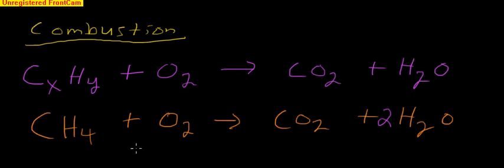So now if I look at my oxygens, on the left-hand side, I've got 2 oxygens here. If I look on the right-hand side, I've got 2 oxygens in my carbon dioxide, plus the 2 oxygens in my water, and 2 plus 2 is 4. So if I want to make this 4, all I have to do is put a 2 in front of this, and now this particular combustion reaction is balanced.